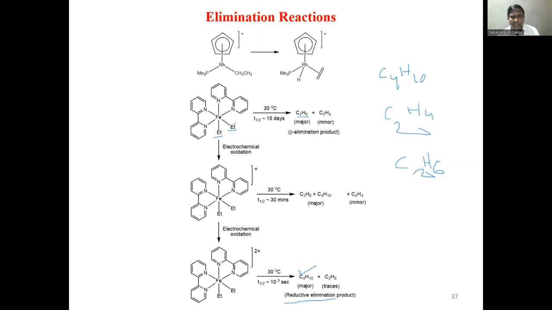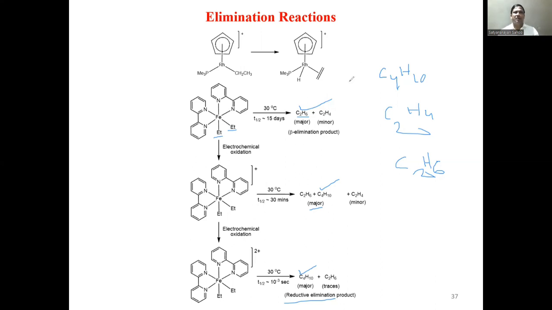That means the metal is connected to the alkene, and one hydrogen and one ethyl group are eliminated as the major product. And in the middle case, where there is +3 oxidation state, the reductive elimination is still the major product, along with the beta hydrogen one, because it is in +3 oxidation state.